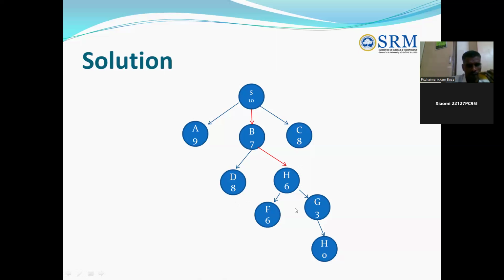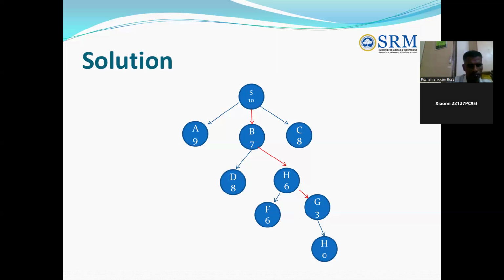H is equal to 6. Considering the node H, we may have two different options: F and G. We need to find the minimum value: F is 6 and G is 3. So we just take G as 3. You just note it down.